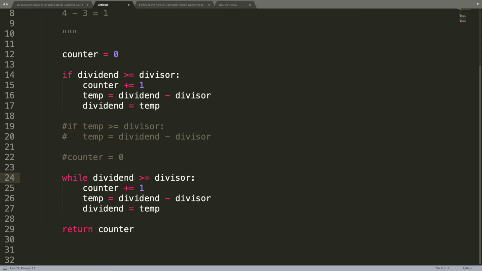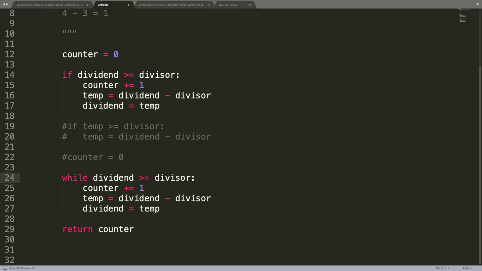Then it goes back again and says 4, which is dividends, is it greater than or equals to divisor? What's my divisor? 3. Yes. So my counter gets updated and it becomes 3. My temp becomes dividends, which is 4 minus 3, which is 1. My dividend becomes 1.